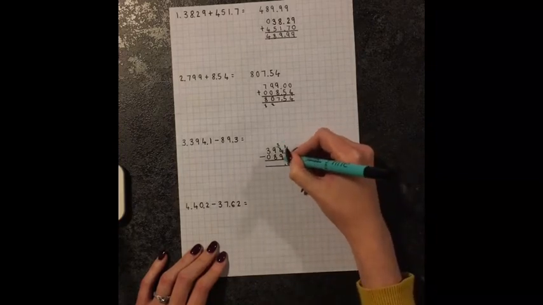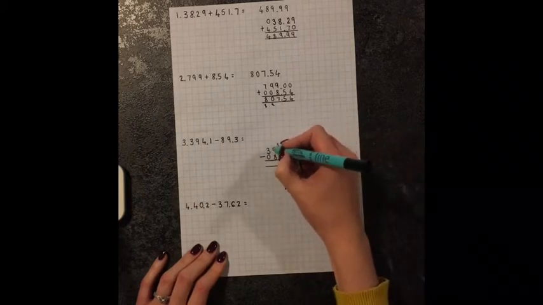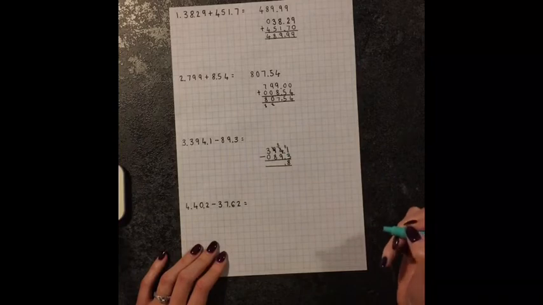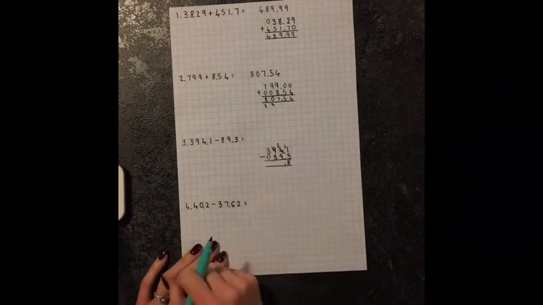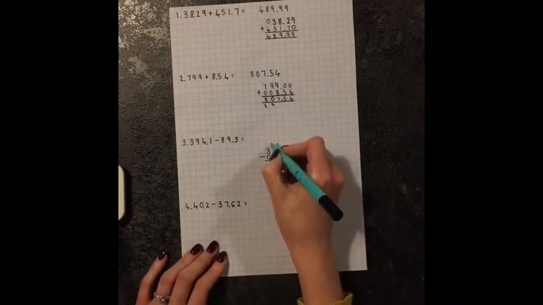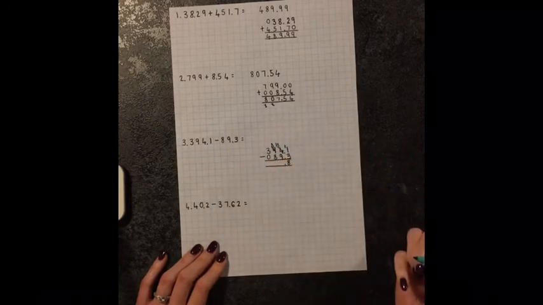3 minus 9 I cannot do because 3 is a smaller value than 9, so I must steal from the column next door. The column next door is the tens column. There were 9 tens, I'm going to take 1 away, leaving 8, and I'm going to steal 1.